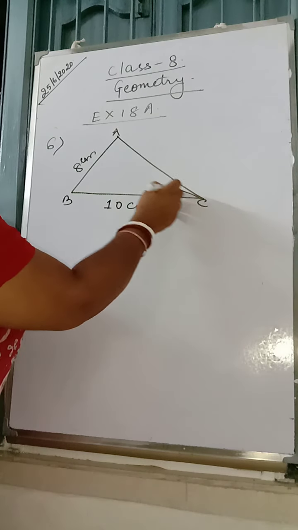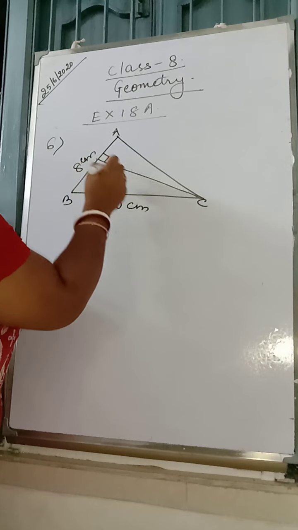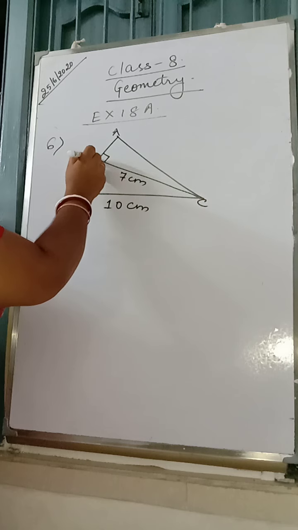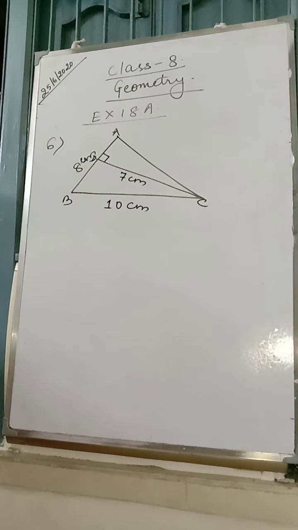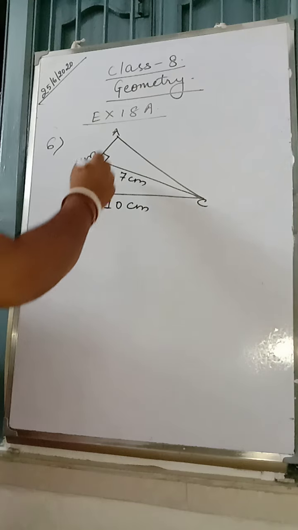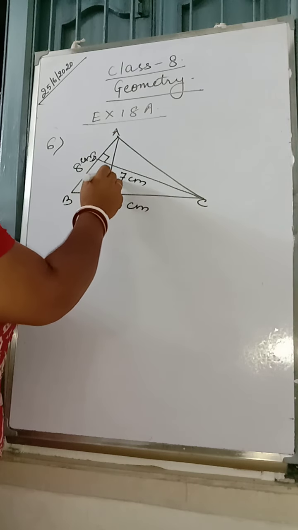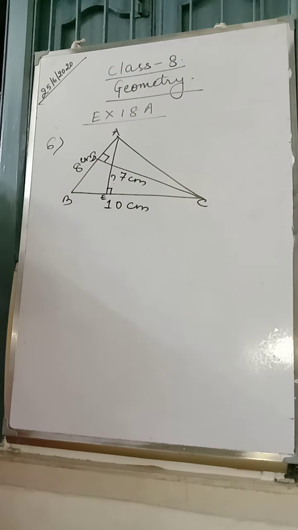Means the height corresponding to this is 7 centimeter. Maybe I can name it C, D. Now you have to find area of triangle and height corresponding to the side of length 10 centimeter. Maybe I can take it A, E is a height corresponding to 10 centimeter.